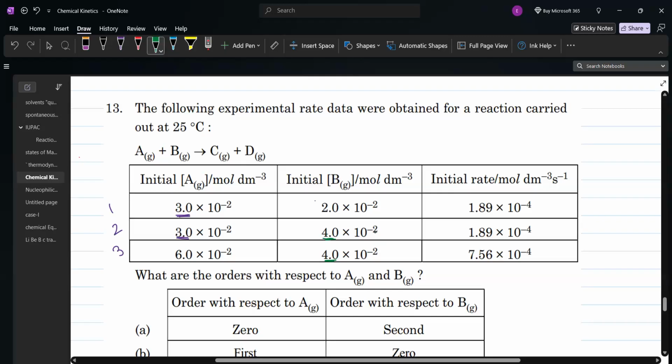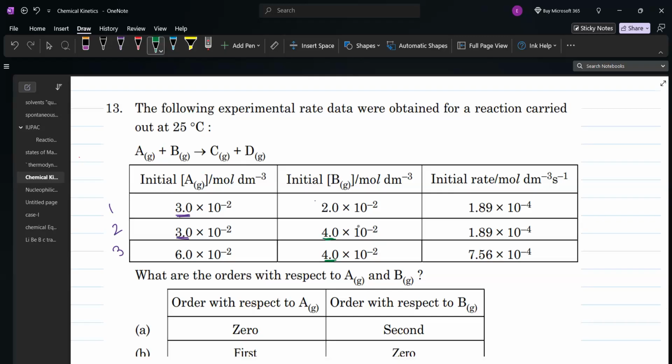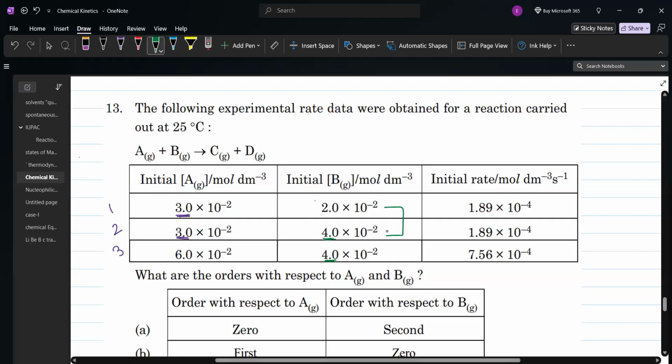Yes, sir. So just see here that when the concentration of A is the same and we are doubling this, can you see we have doubled? Yes, sir. The rate of reaction isn't affected. No effect, right? Yes, sir. No effect.